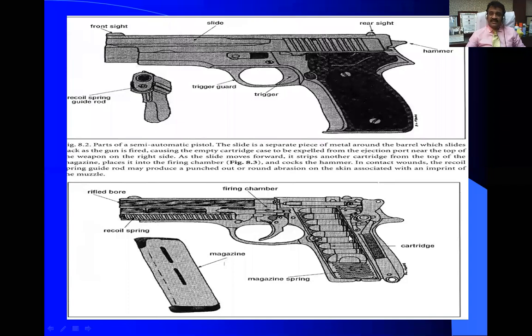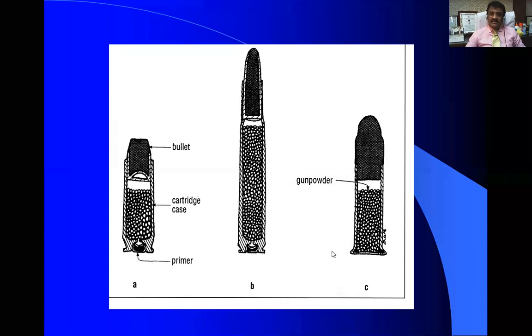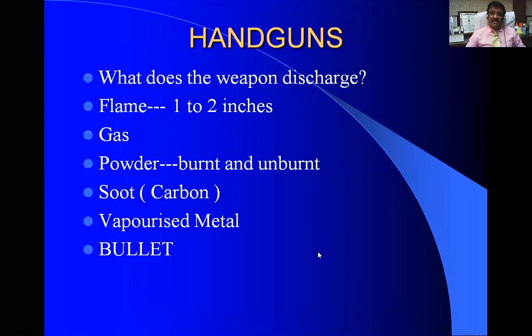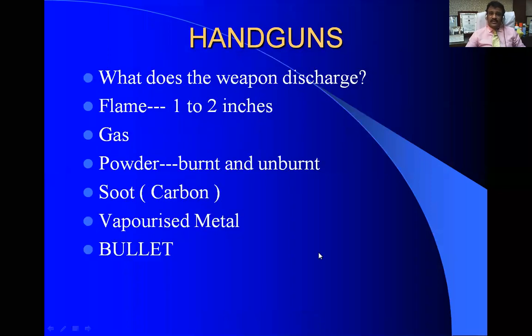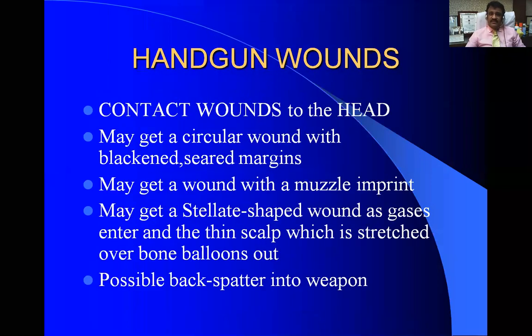We saw the bullets which are used to fire, and the internal diagram of a bullet or cartridge. We saw a few handguns, different wounds, contact wound, and a typical picture of a handgun utilized on the forehead.